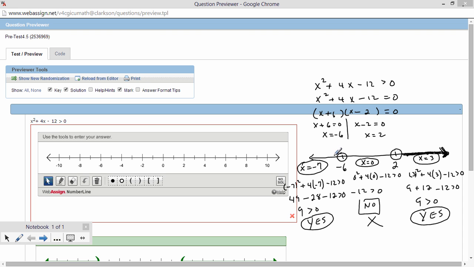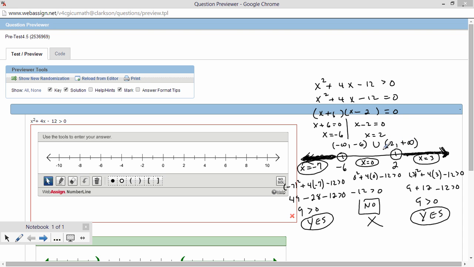So numbers less than minus 6 will work. Every number less than minus 6 will work. So you would shade that. And if it was multiple choice, you'd be looking for an answer that was pictured like this. Or if we write it in interval notation, it would be negative infinity to negative 6, exclusive of the negative 6, unioned with the interval from 2 to plus infinity.